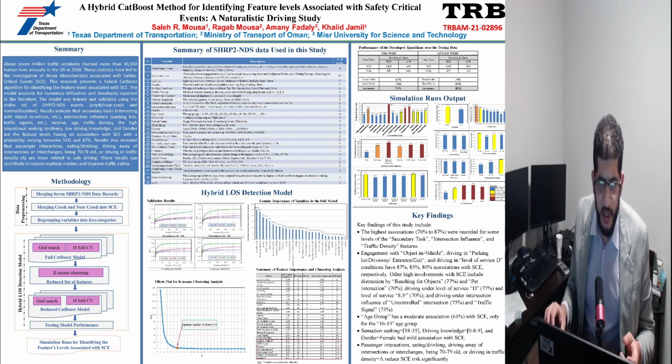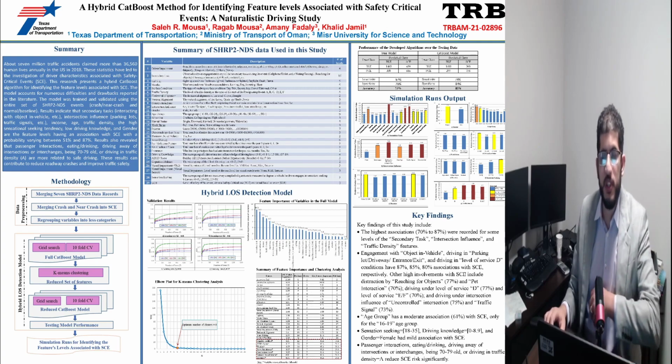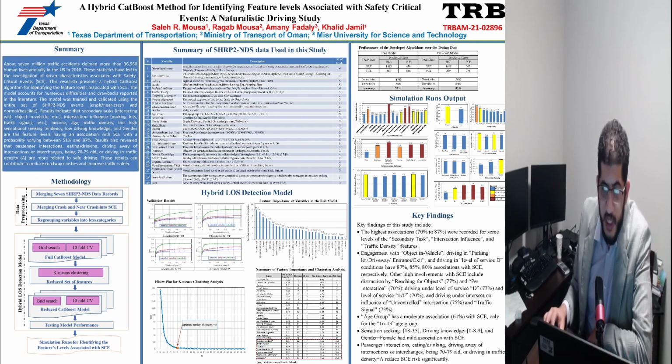I'm pretty sure this shouldn't be level of service D. This should be another level of service, I would say C. Yeah, this should be C. So driving under level of service C developed 77% association with safety critical event, and level of service E and F had 70% association with safety critical event. And driving under intersection influence of an uncontrolled intersection had 75%, and for traffic signal it had 73.